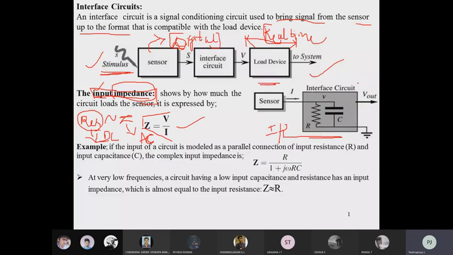So the region beyond the interface circuit will go for the output, but from the sensor to the interface circuit will act as an input, right? So you need to identify the input impedance. You know what parameters are involved in calculating the impedance: that is voltage as well as current, right?